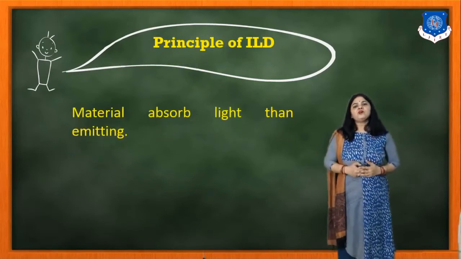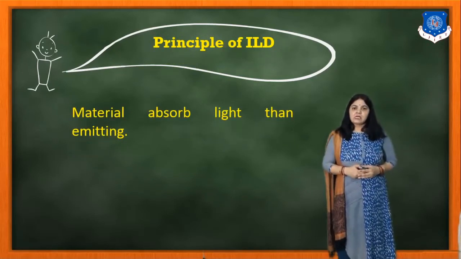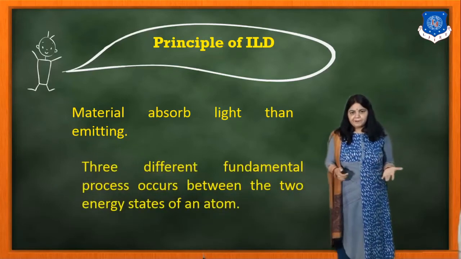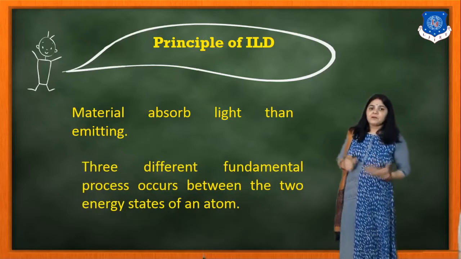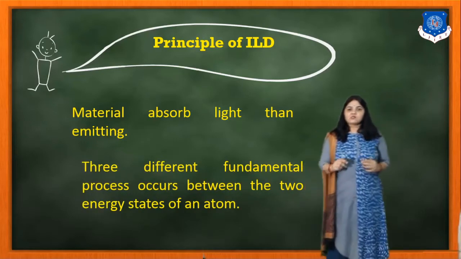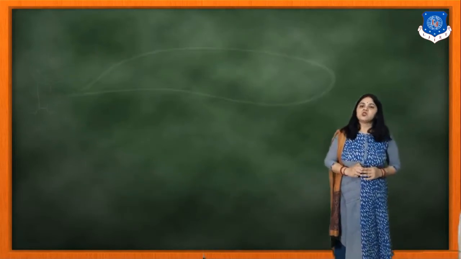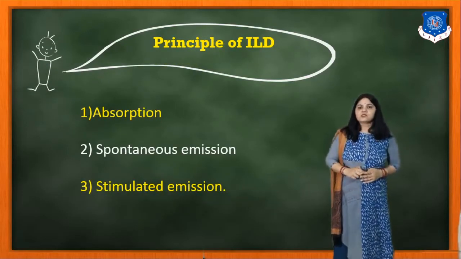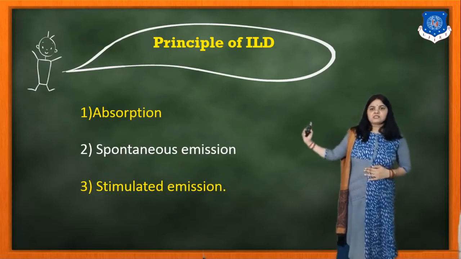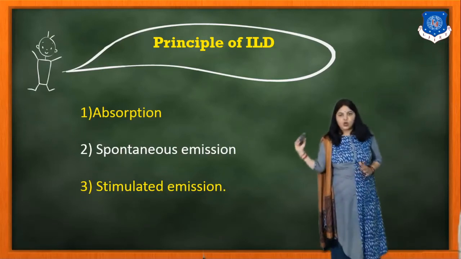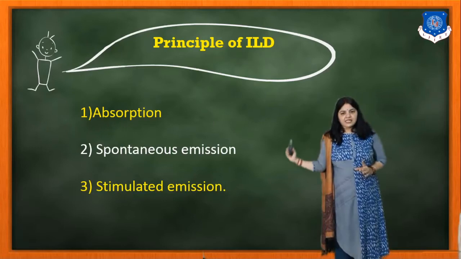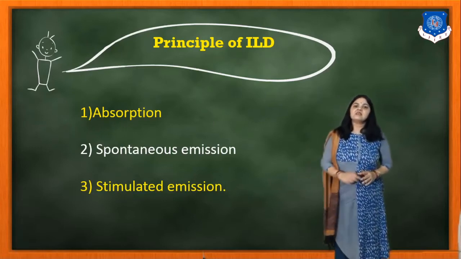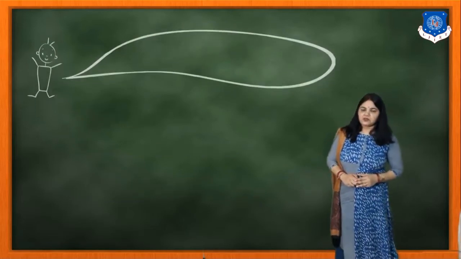The principle of the ILD is that the material absorbs light and then emits it. Three different fundamental processes occur between the two energy states of an atom. The first process is absorption, the second is spontaneous emission, and the third is stimulated emission.